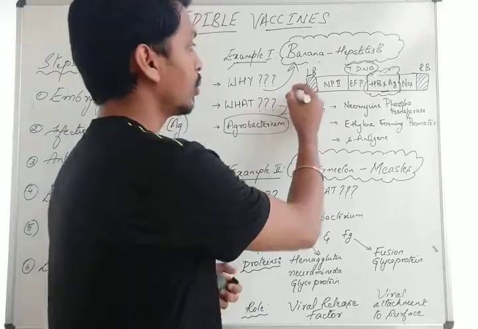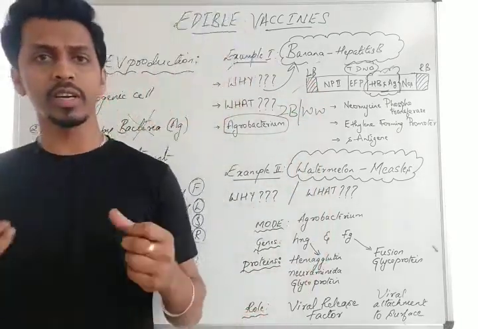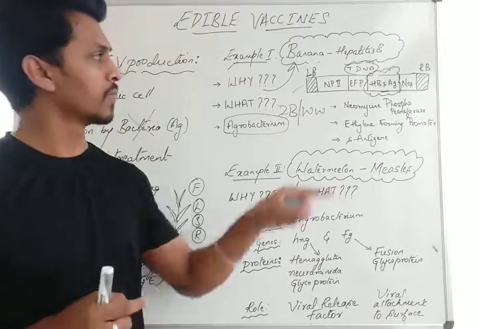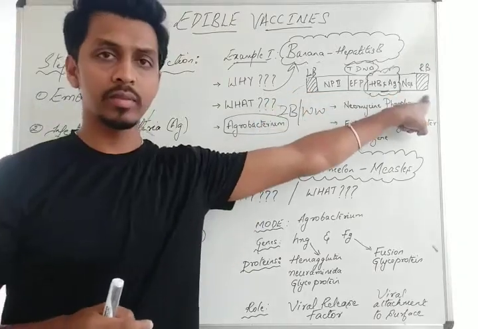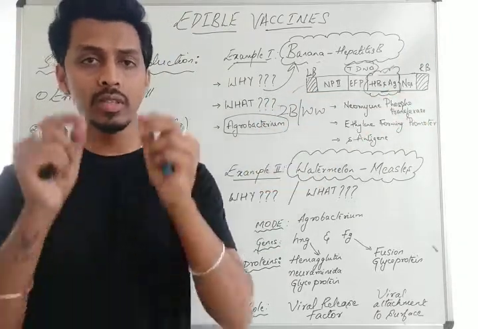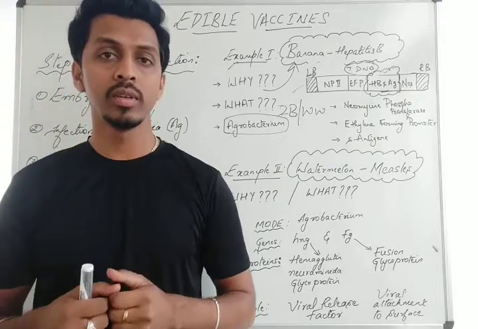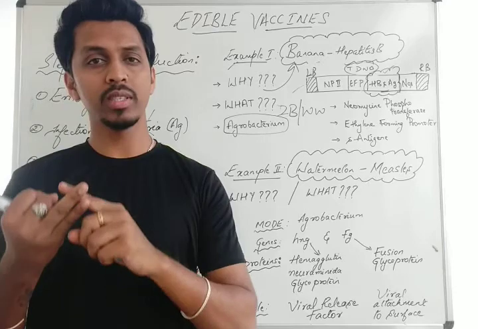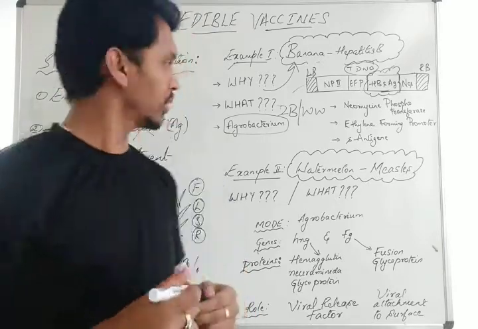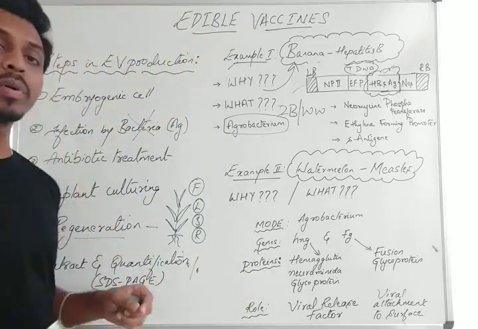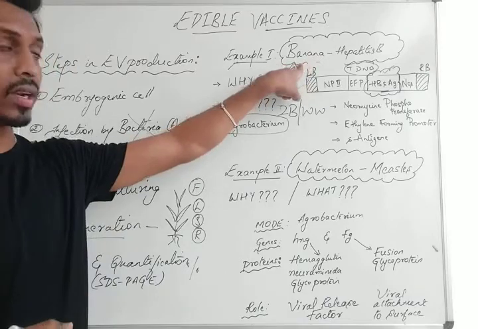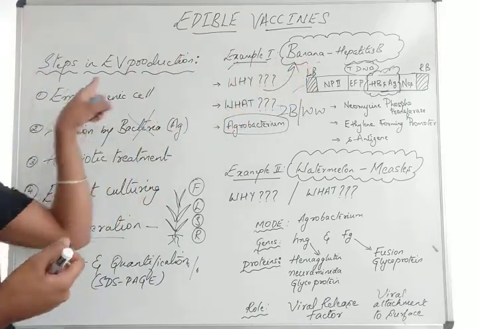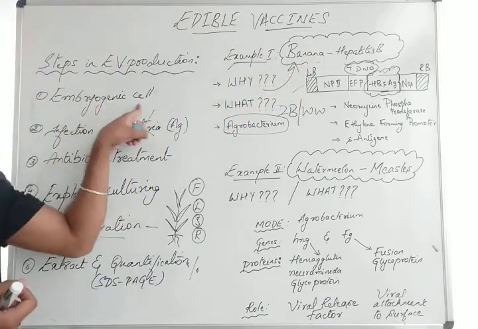Now let me try to explain in the form of a story. I have this segment from LB to RB. This segment is incorporated into either a binary vector or a co-integrated vector. Once it is integrated, we develop embryogenic cells. Banana plantlet cells can be converted into embryogenic cells.